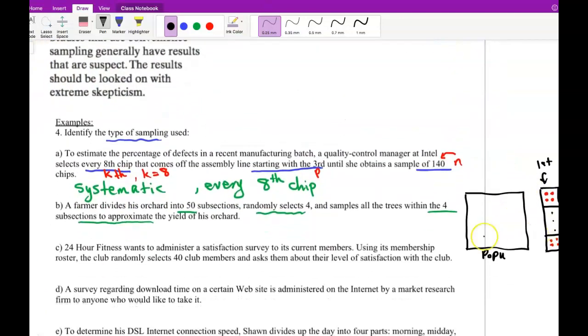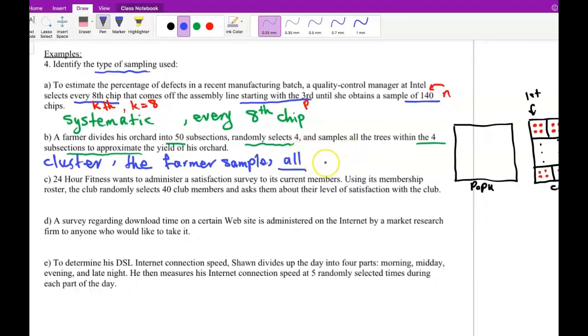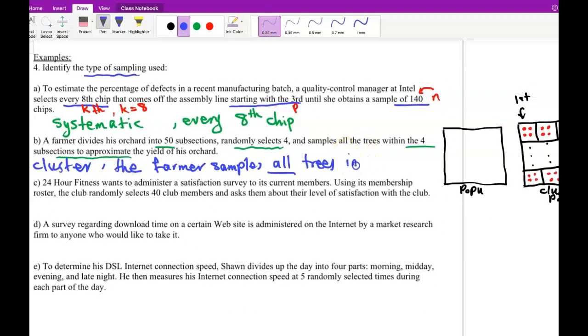You don't need to draw these. You only need to know what type of sampling we have. So this is cluster. The farmer samples all trees in each section.